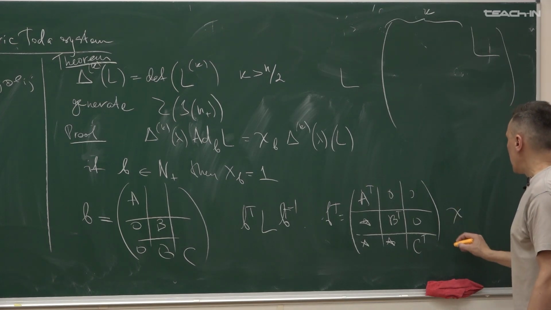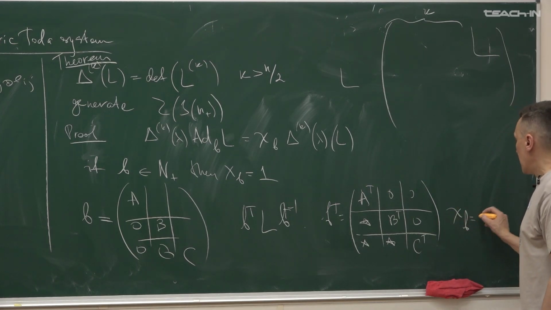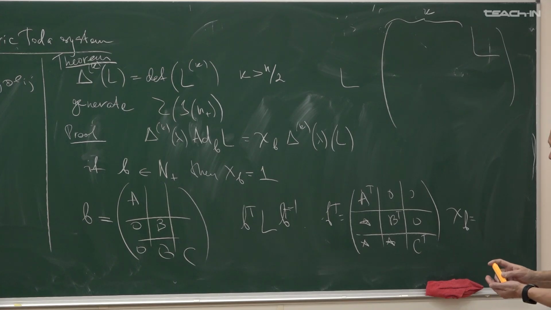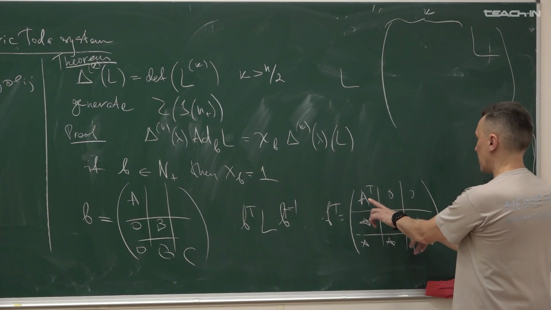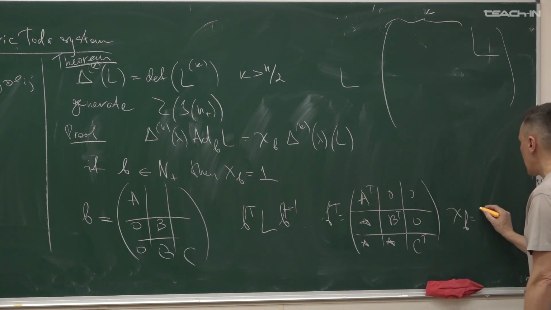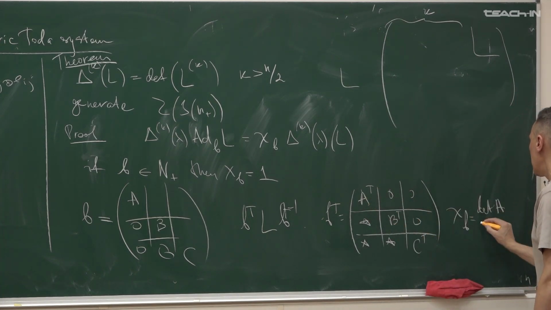And my character of B was the ratio of determinants, if I remember, something like the determinant of A divided by the determinant of C.